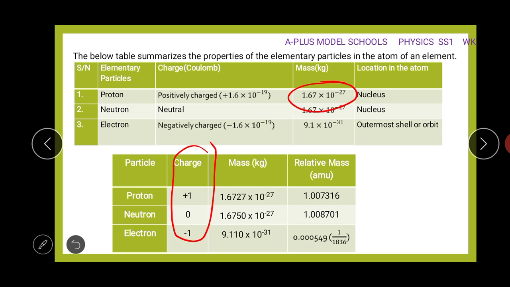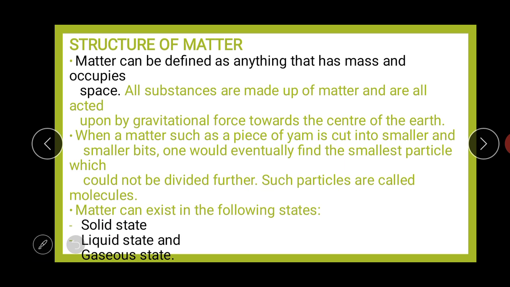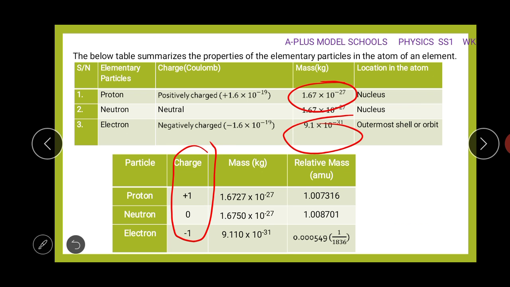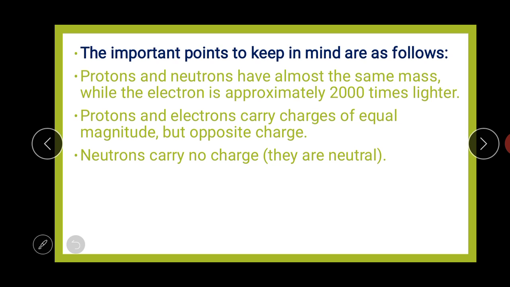Proton and neutron have almost the same mass. This is what I'm saying: this one and this one, and this one and this one.